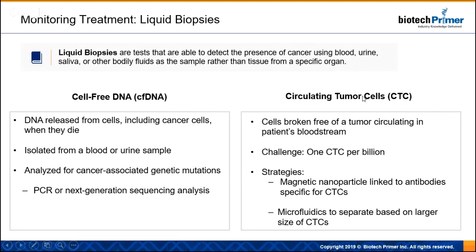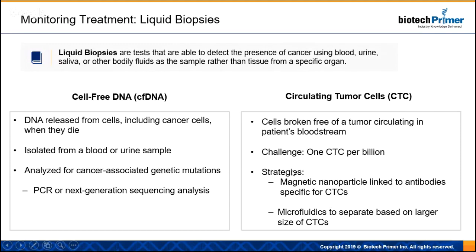Same idea here, circulating tumor cells can break free from the tumor and be used to detect the presence of cancer. These are very low levels, though, in a blood sample or urine sample, 1 per billion. And so some of the strategies that have been used to try to detect those are magnetic nanoparticles that will be linked to an antibody that recognizes a particular tumor antigen present on those circulating tumor cells.